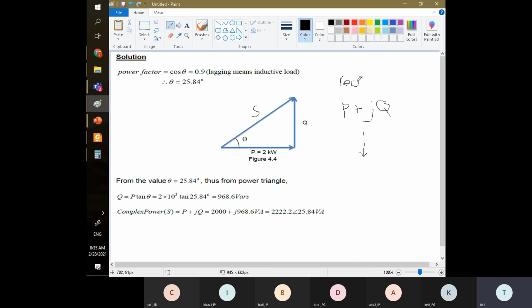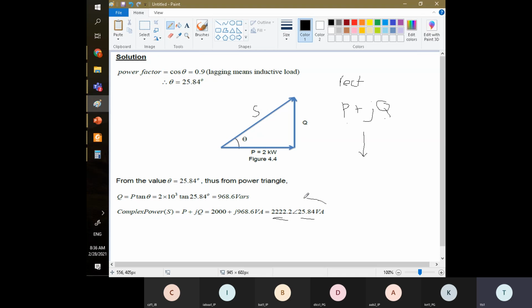To convert the rectangular form to phasor form, take this one square, and then the square root to get this number. This one uses the tangent of this one and this one, and you get 35.84 degrees.